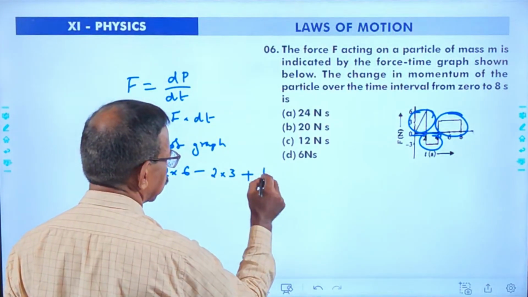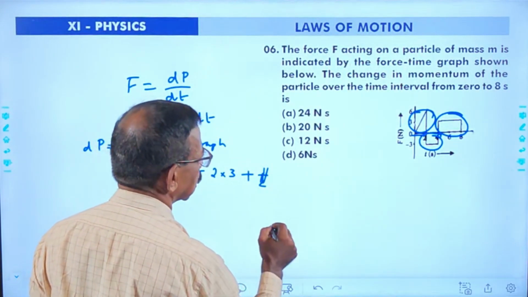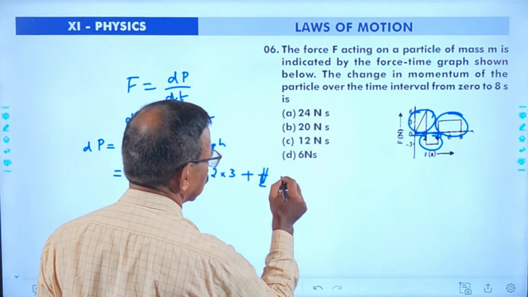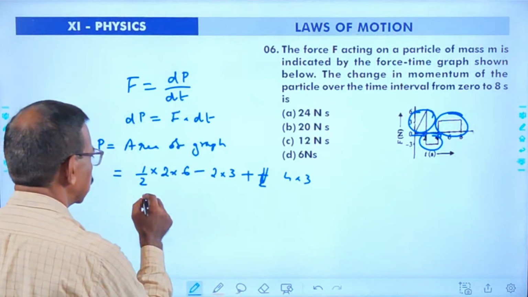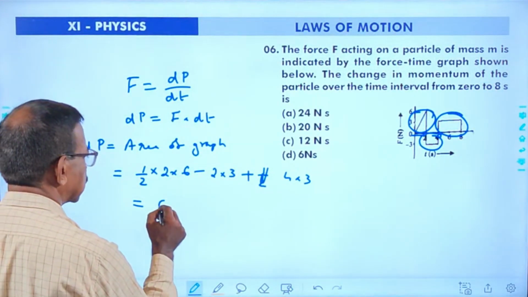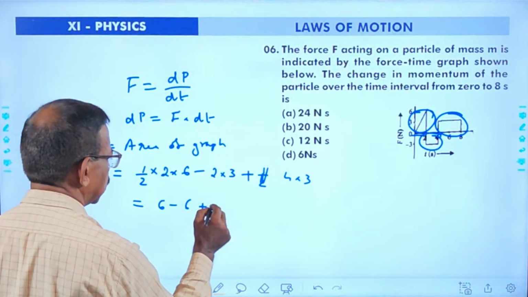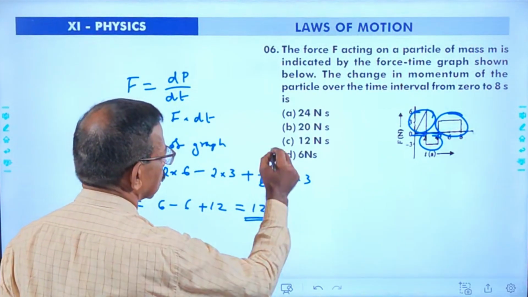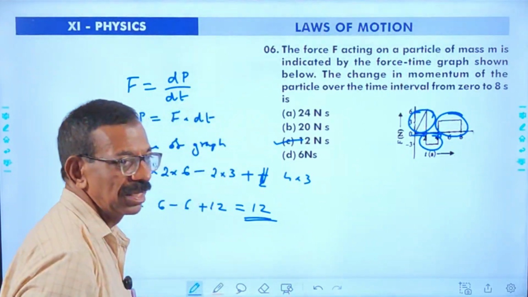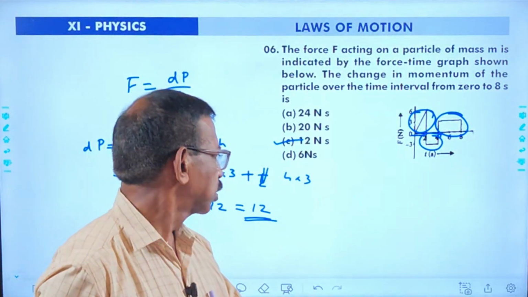Next part is positive, length into breadth, it is 4 into 3. That means here it is 6, it is minus 6, it is plus 12. The answer is 12. The correct answer is option C, it is 12 Newton seconds.